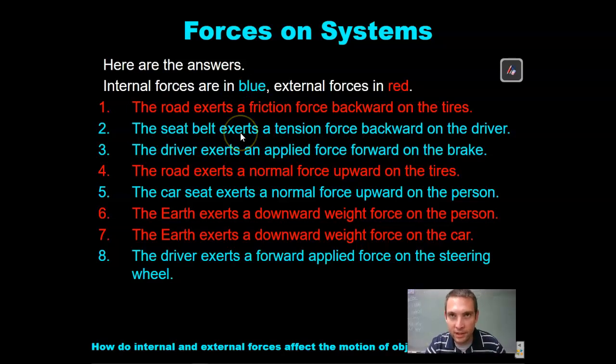If it deals with the inside of the car, literally, the driver or the car, like the driver exerting an applied force, it's internal. If it's external, then it's in red: the road, the earth, those kinds of things that are not part of the driver-car system. So things that are outside of the system acting on it are the external forces. Things that are within that system are the internal forces.